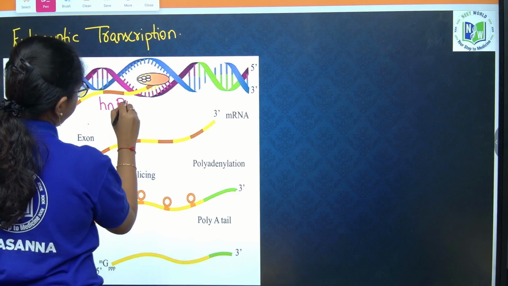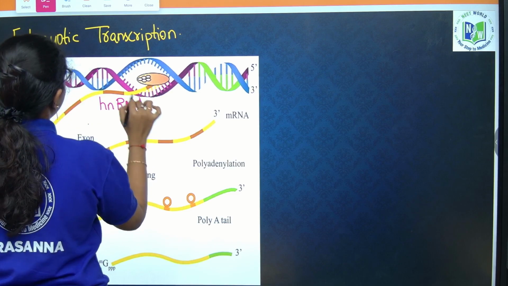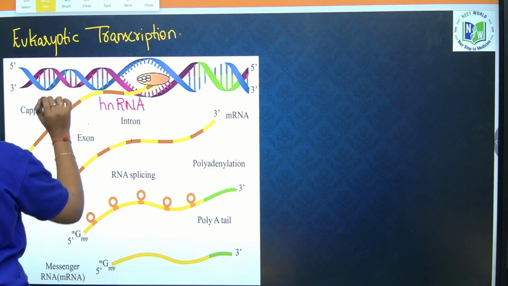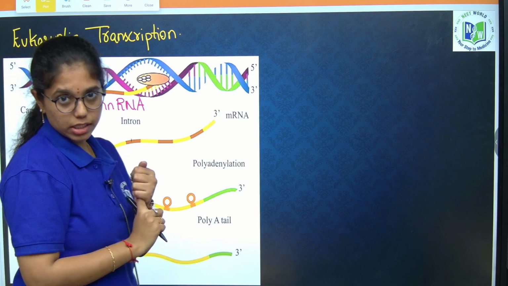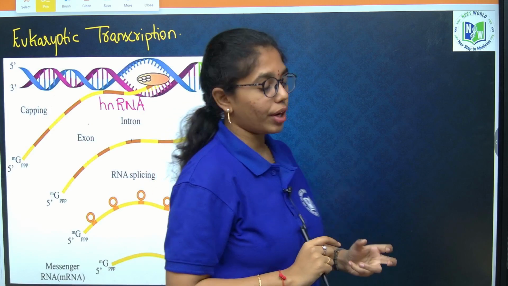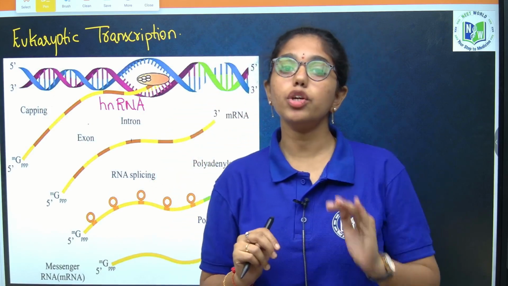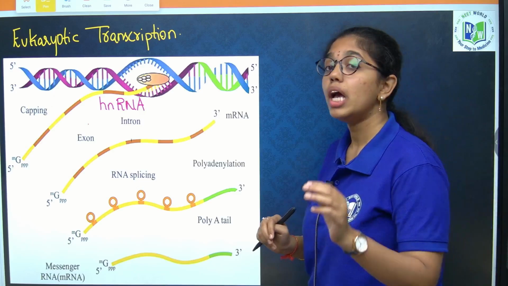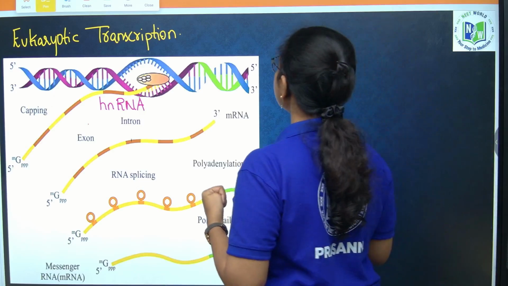Heteronuclear RNA. And in prokaryotic transcription, only one RNA polymerase is involved. DNA dependent RNA polymerase we are calling it. Whereas in eukaryotic transcription, there are 3 RNA polymerases involved. What are they?